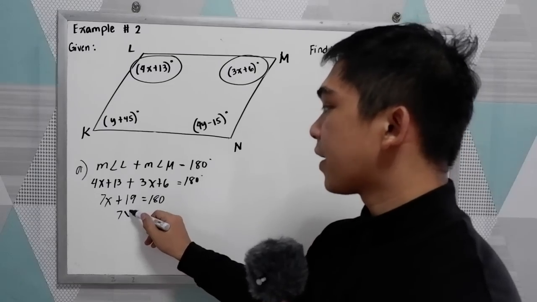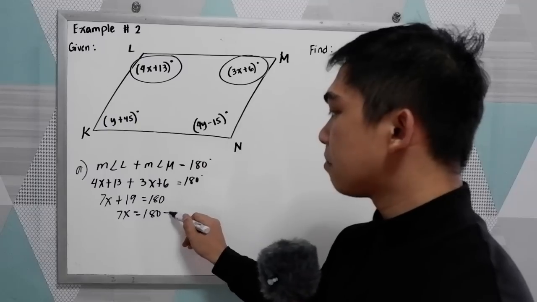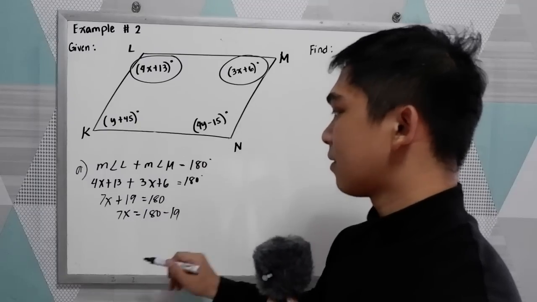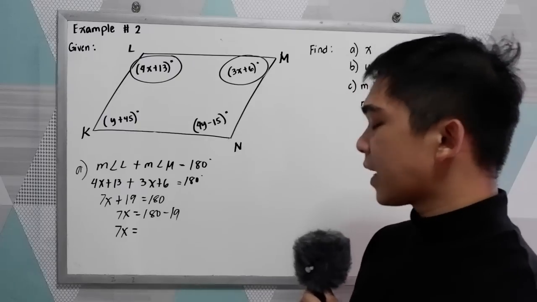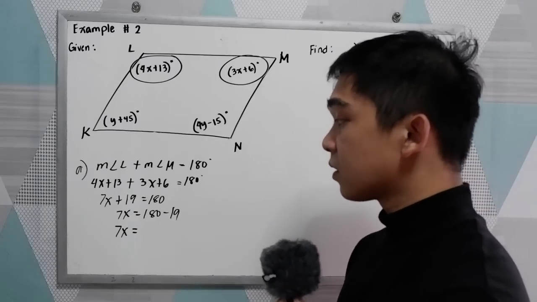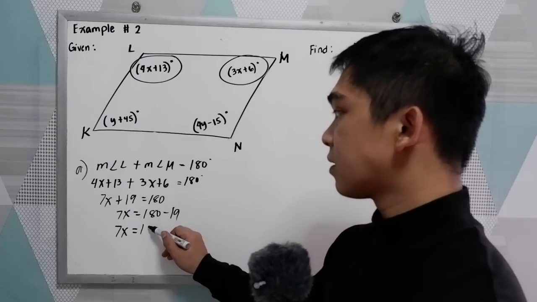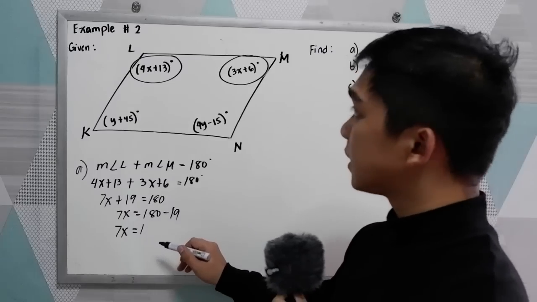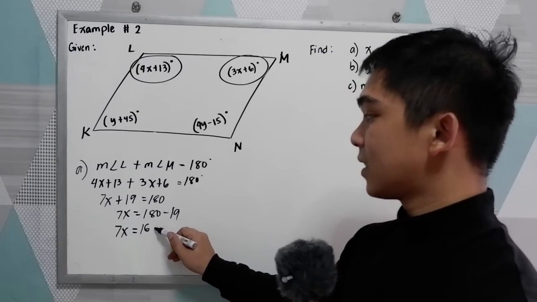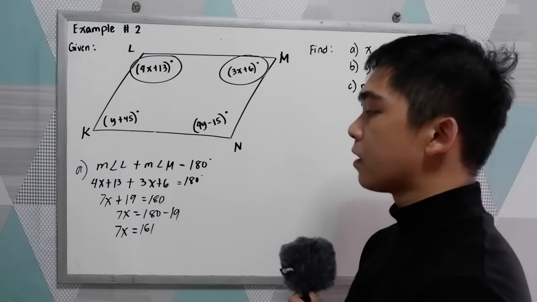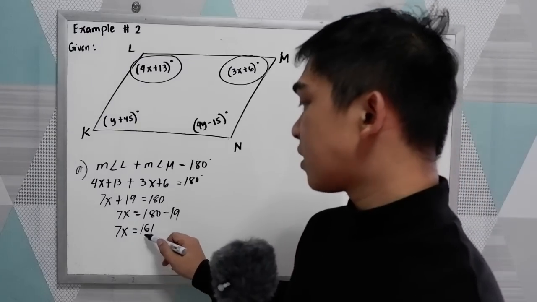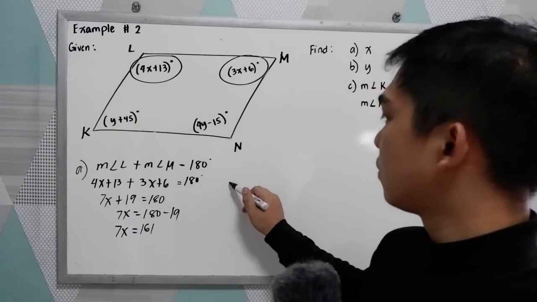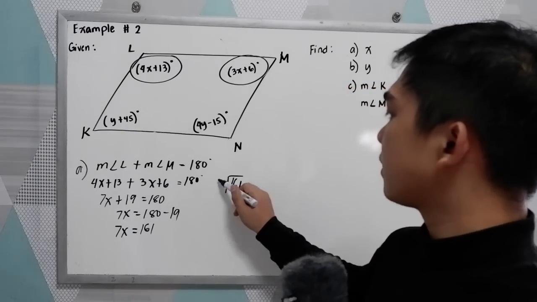Now we have 7x is equal to 180 minus 19. So 7x is equal to 161. Now divide 161 by 7.